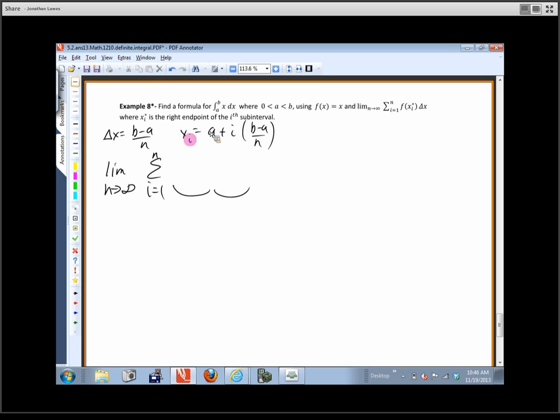So here are the evaluation points right here: a plus i times b minus a over n, those are the function heights. And I need a width. The width is always delta x, so that's going to be b minus a over n.